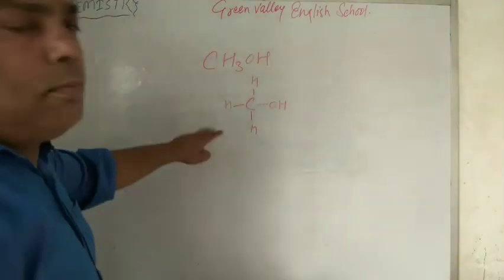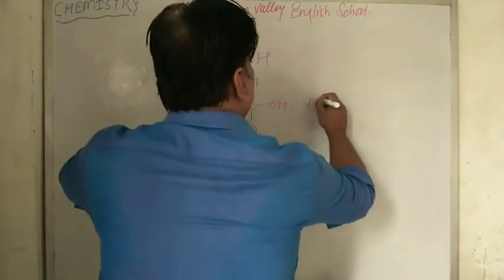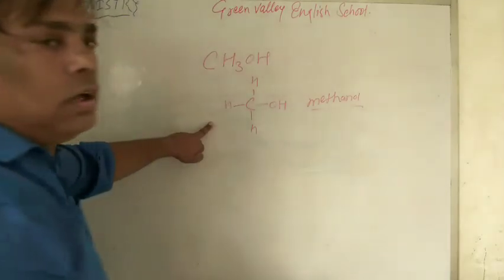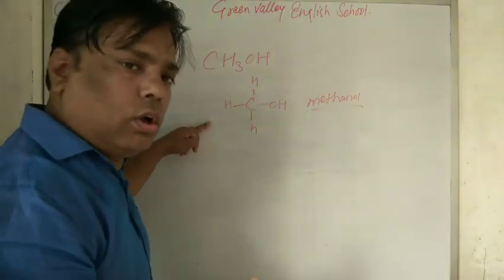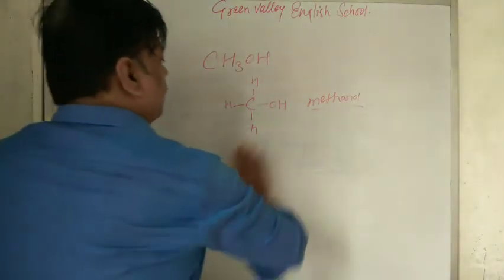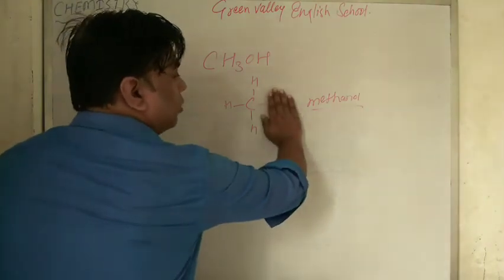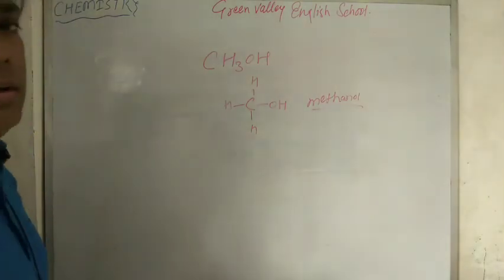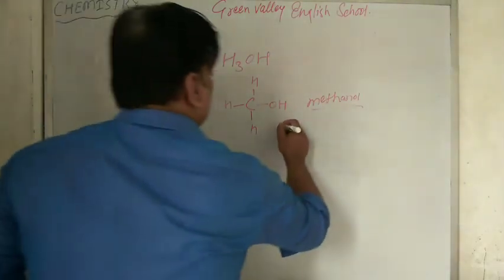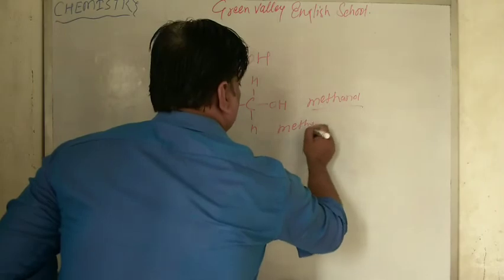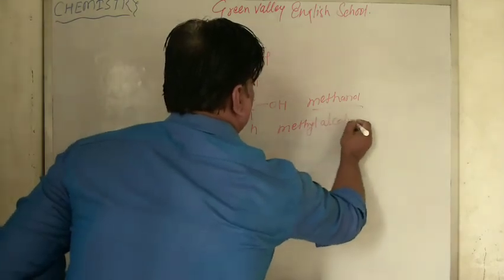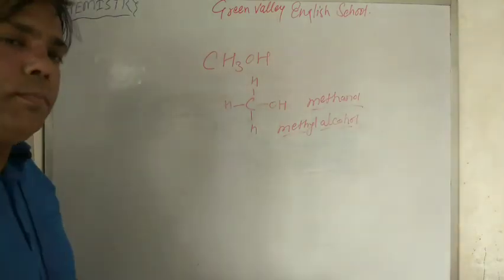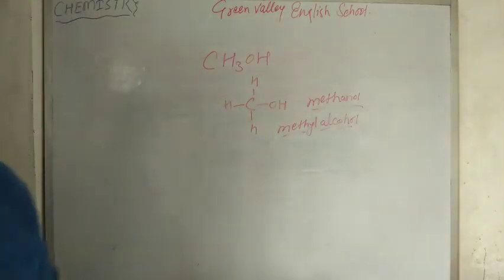So the IUPAC name of that compound is methanol. But the common name, what is this? Methyl group, CH3, and OH. So it may be called methyl alcohol. So methyl alcohol is the common name and methanol is the IUPAC name of that compound.